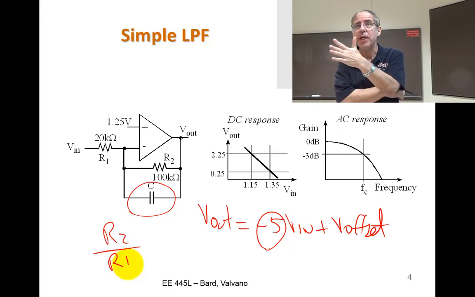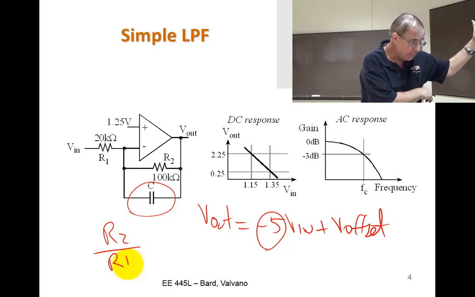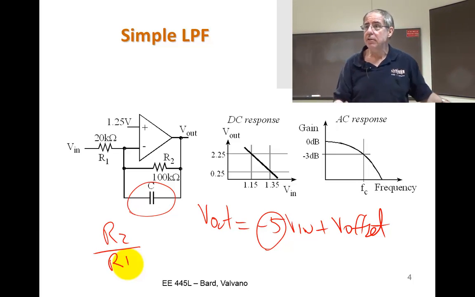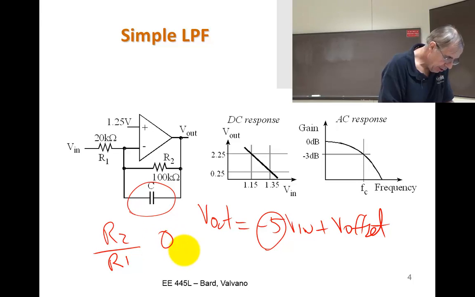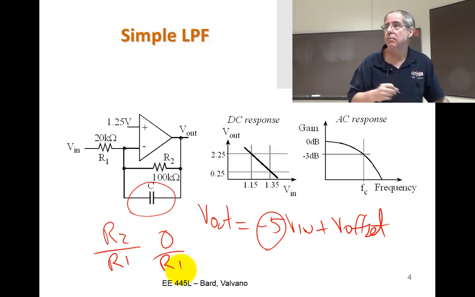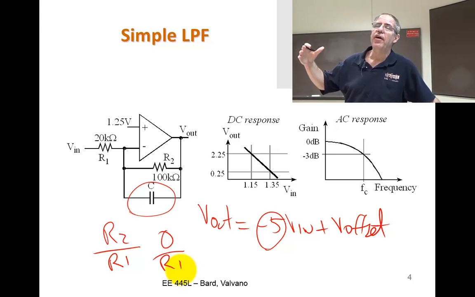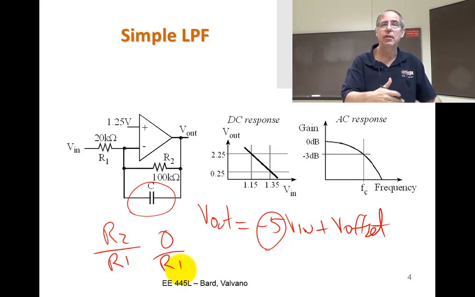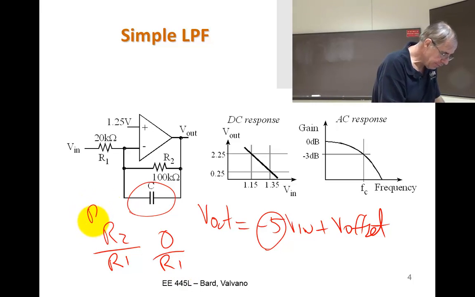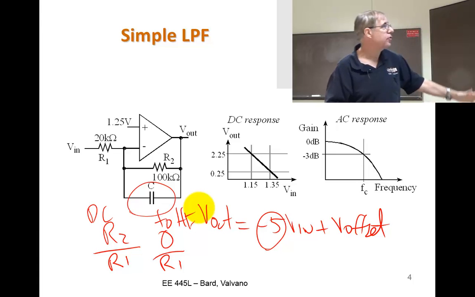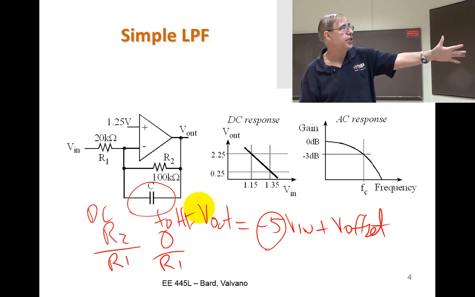The capacitor becomes a short, R2 becomes 0, and so the gain is 0 over R1. Nothing. No effect of the input on the output. That's what happens when it goes from DC to very high frequencies: it goes from a gain of -5 to a gain of 0.